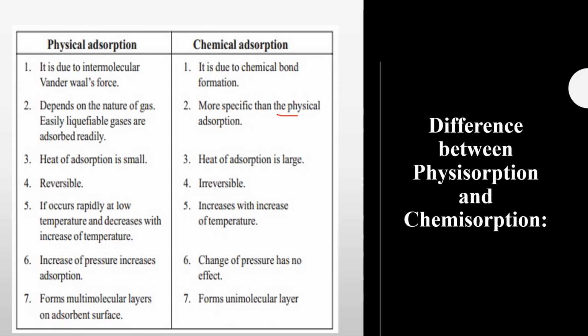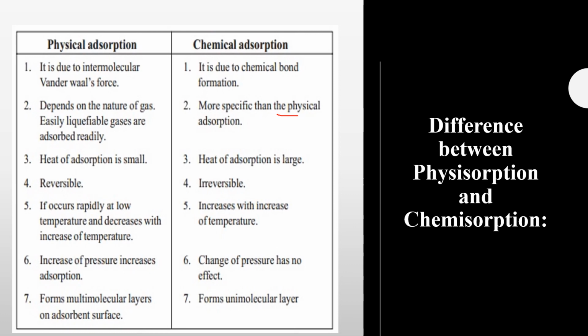Physical adsorption occurs rapidly at low temperature and decreases with increase of temperature, whereas chemical adsorption increases with increase of temperature. Physical adsorption increases with increase of pressure, whereas chemical adsorption has no effect of pressure.